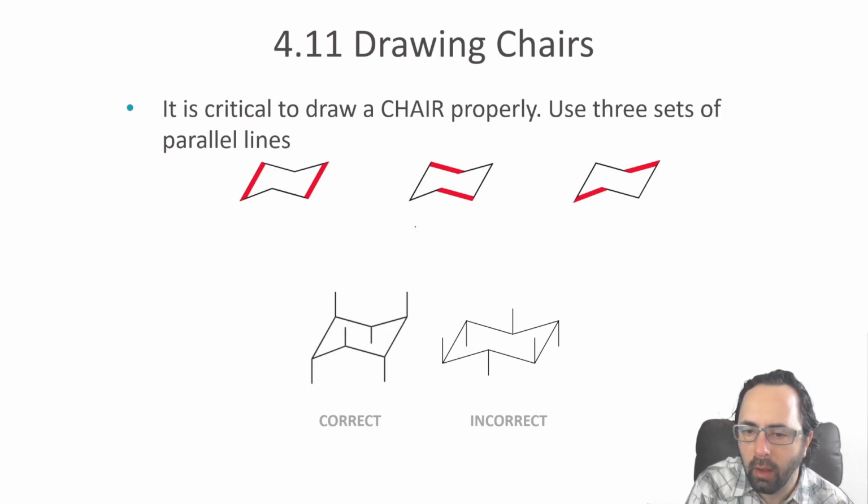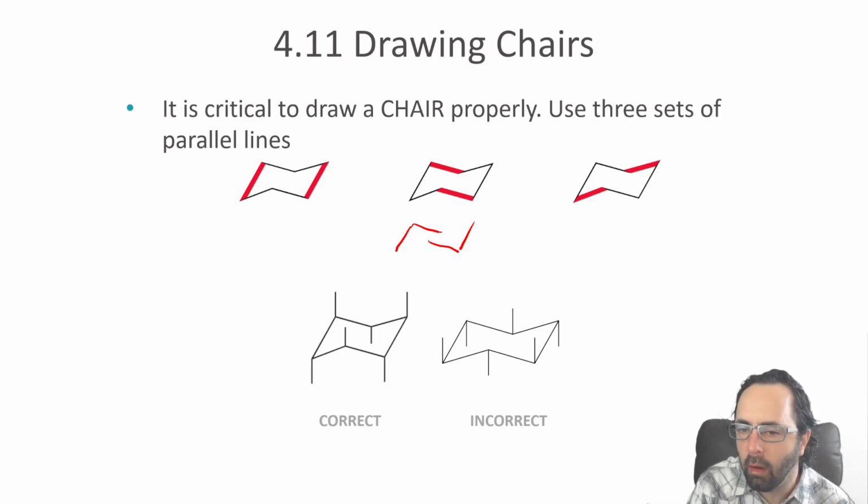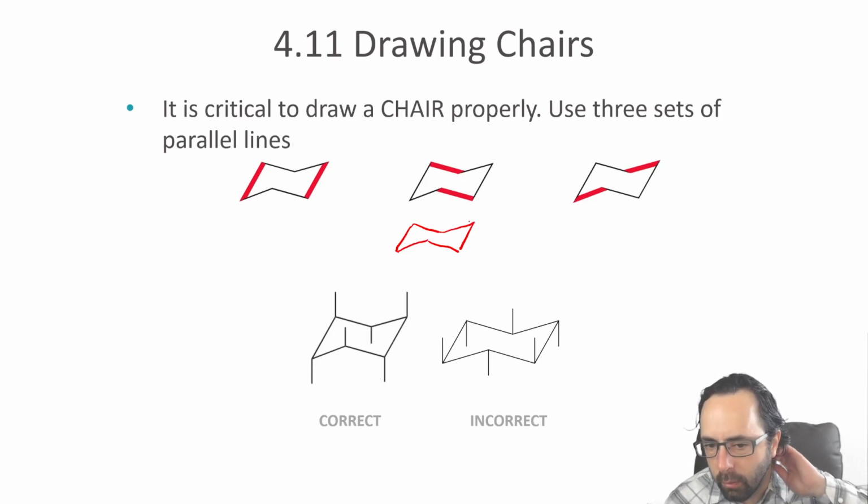So just to show you how that would be done, we go like that. So notice that this top is slightly higher than this one. Then we draw two parallel lines this way that slightly cross each other, a little bit higher like that. And then finally we complete it, making these long enough so that when we complete it, these are two parallel lines, this one and this one right here, and that completes our ring.